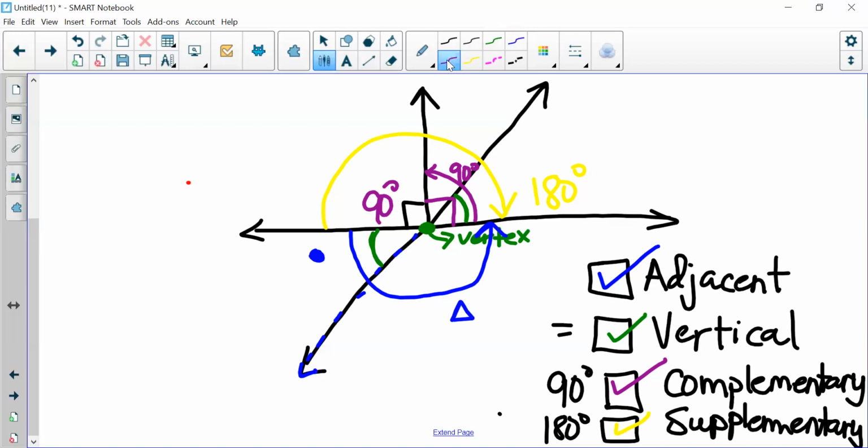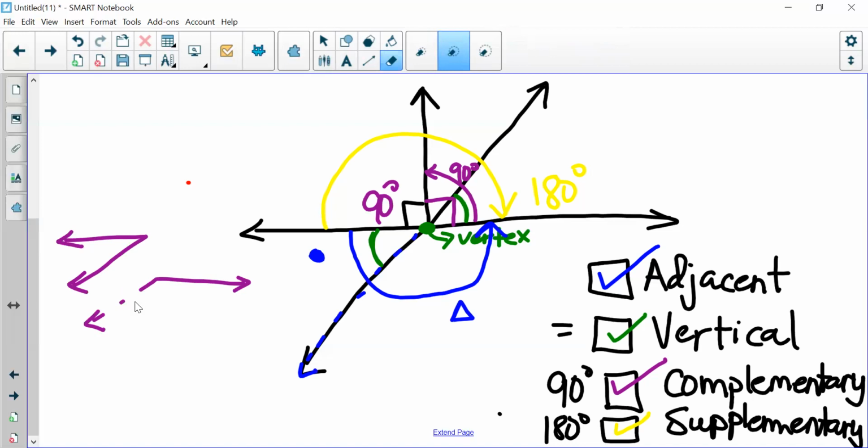If I took them apart and redrew them, y'all know it's not drawn to scale, the thing that they have in common would be this dashed line right here. Whoops, I drew too much.